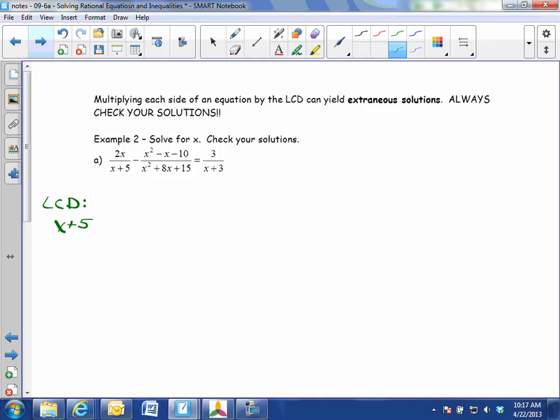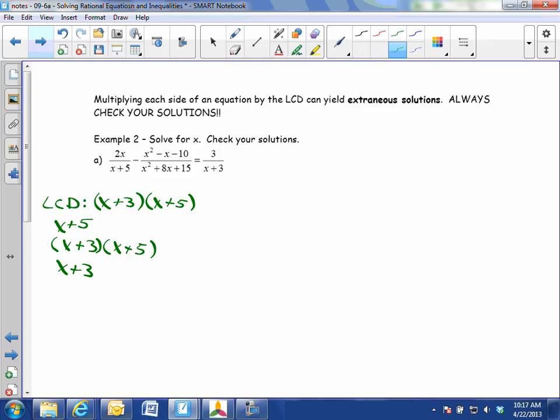Okay, can I factor this one in the middle? And the one on the end is just x plus 3. So what's our least common denominator?